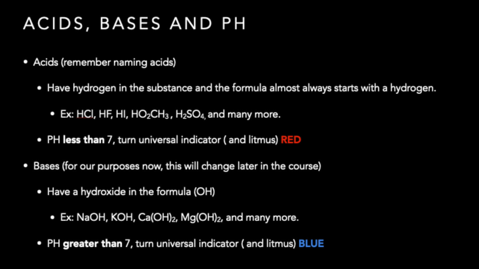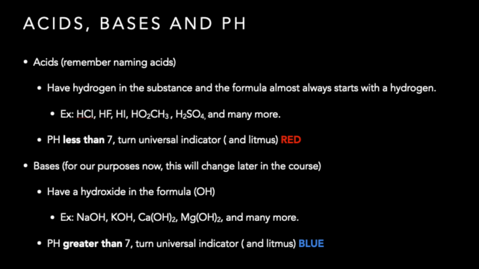Bases, for our purposes right now in the class, this will change later on, but don't worry about it for now, have what we call a hydroxide group in the formula, or OH. These substances will therefore have OH in their chemical formulas. The OH will always come second in the chemical formula because it is an anion.